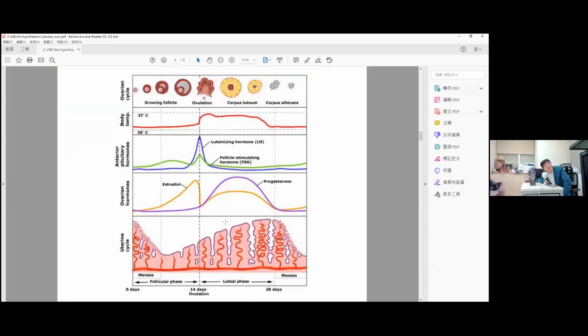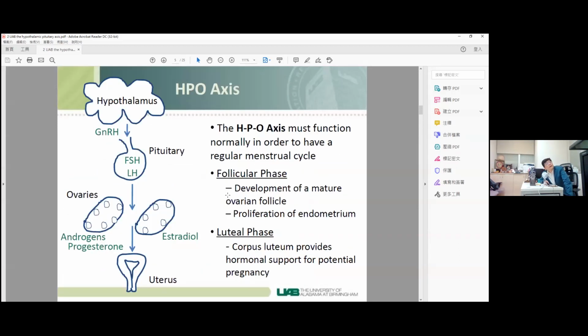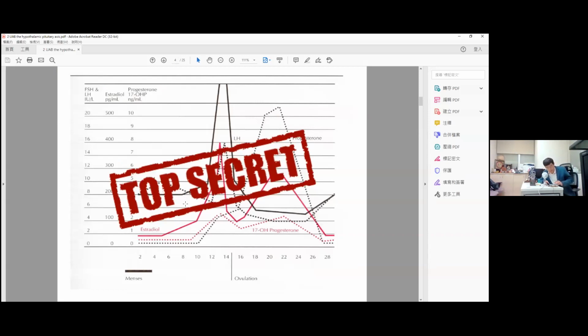This is a very important slide, so-called top secret. Here, we know this is the top secret. Sorry about it, I'm taking a phone call.